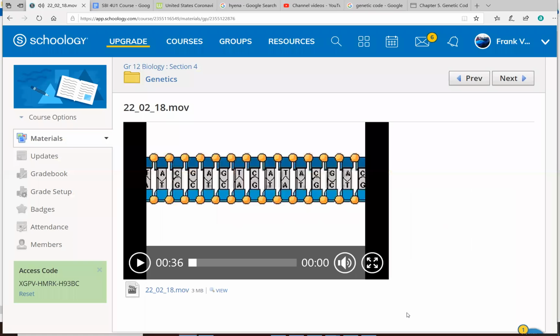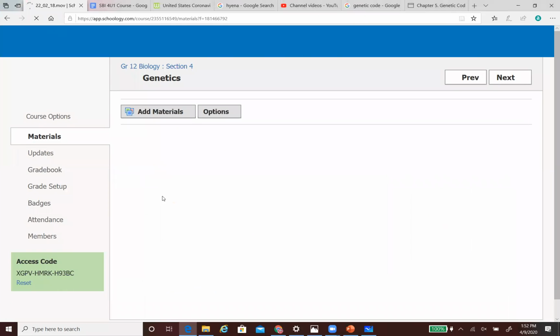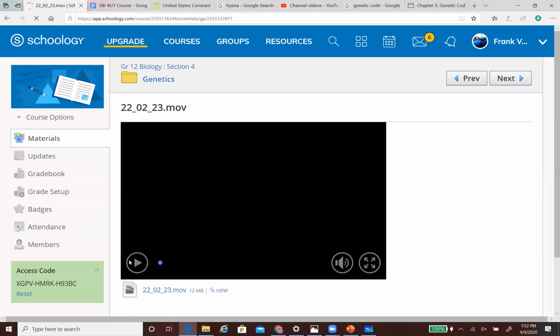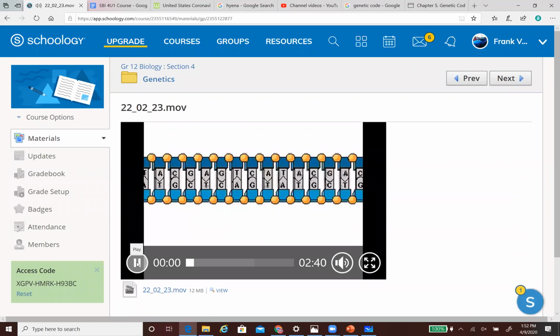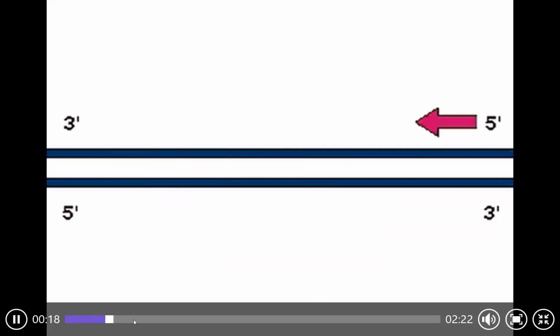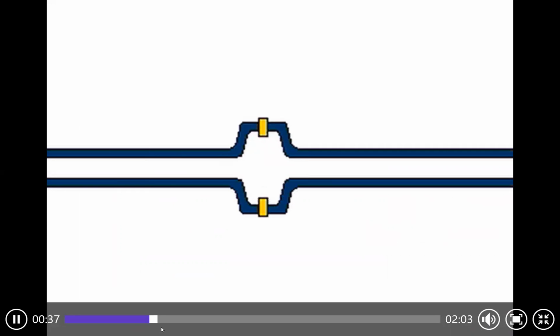Okay. And then the last clip is this one. So here you're seeing the direction. So we talked about the first thing that has to happen is you have to open it up.